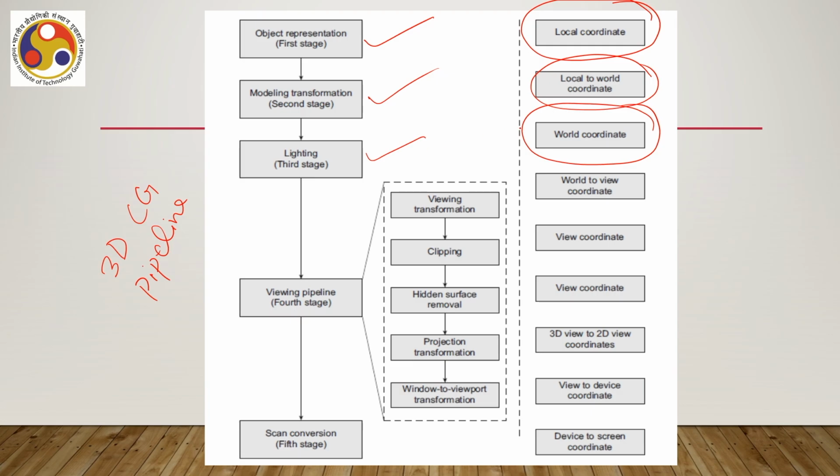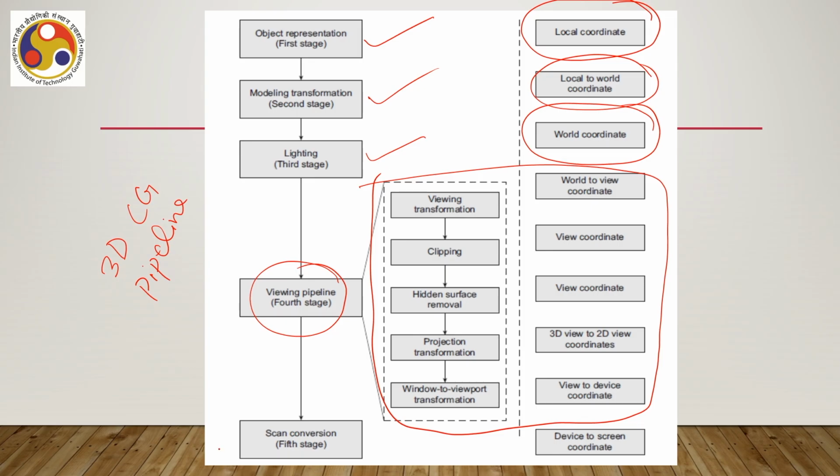Now, this lighting calculation is quite complex, and we talked about one simple lighting model. In today's part of the lecture, we are going to cover the fourth stage, that is the viewing pipeline, comprising all these transformations and other processes.